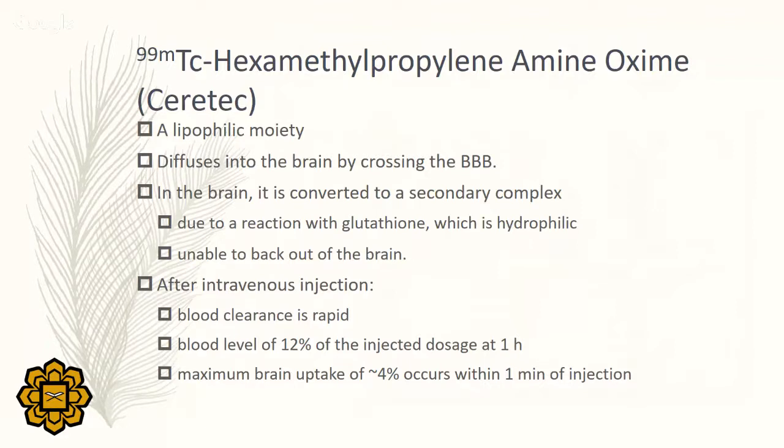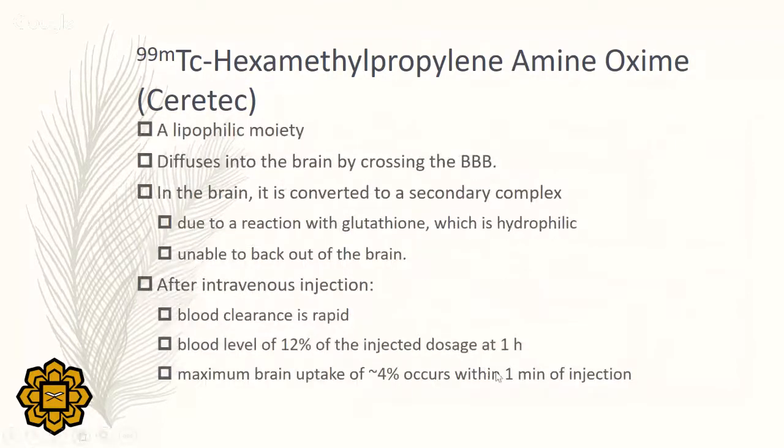Okay, the same thing, IV injection. Similar to ECD, the blood clearance is rapid, with activity in the blood about 12% at 1 hour post administration. The brain uptake is a maximum of about 4% within 1 minute. That's really quick uptake. About 1 minute, you get 4% uptake in the brain.